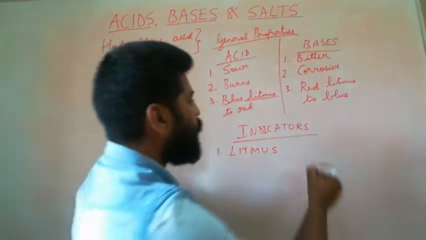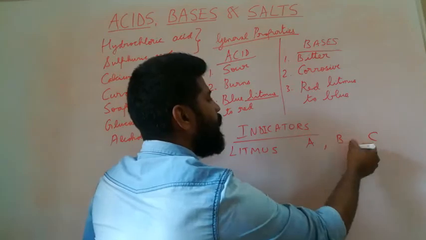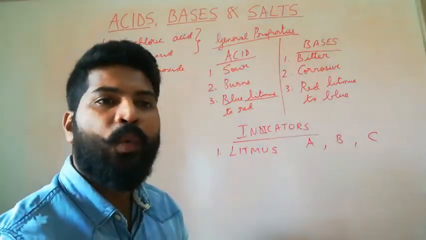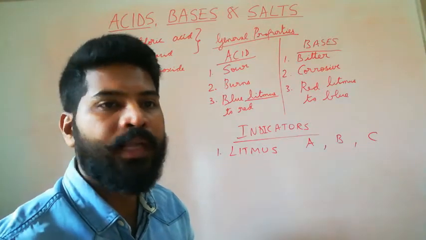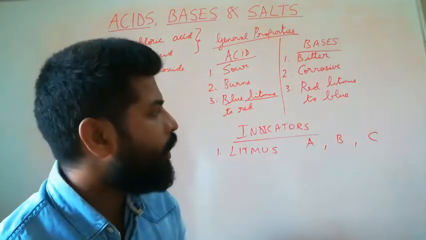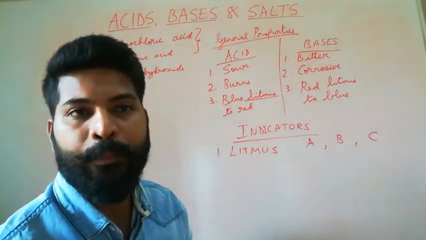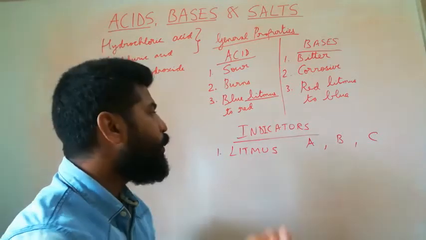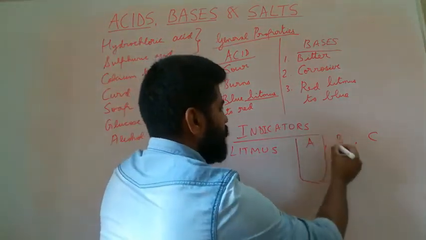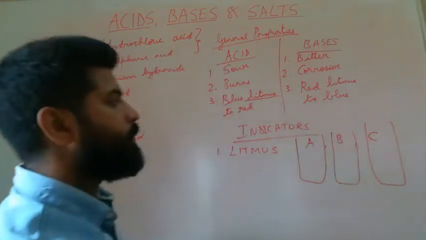So let us say you have three substances A, B and C. One is acid, one is a base and one, let us say, is a neutral substance. So how will you find out which one is acid, which one is a base? Very simple. You say this is a test tube containing the solutions.